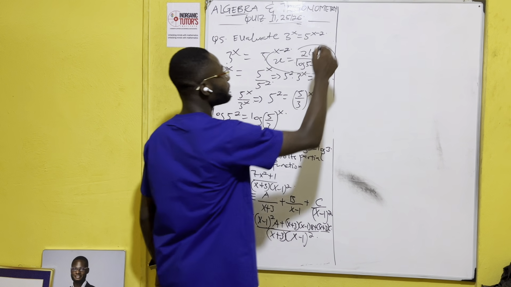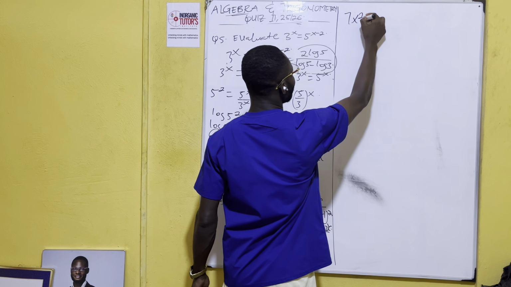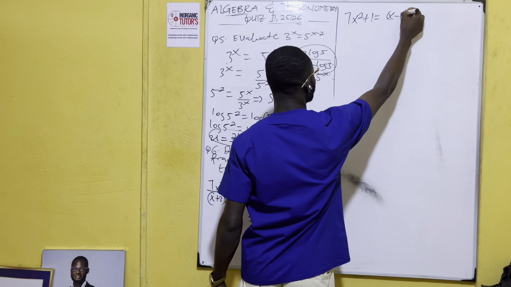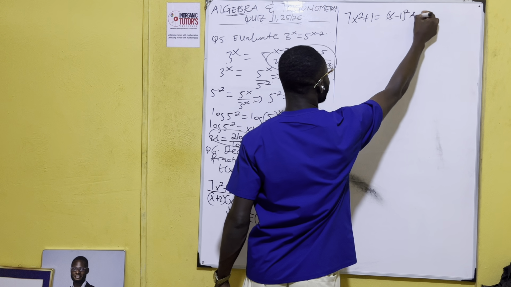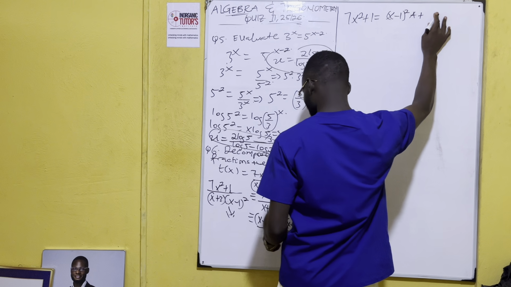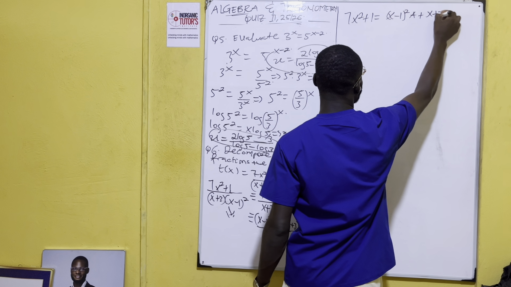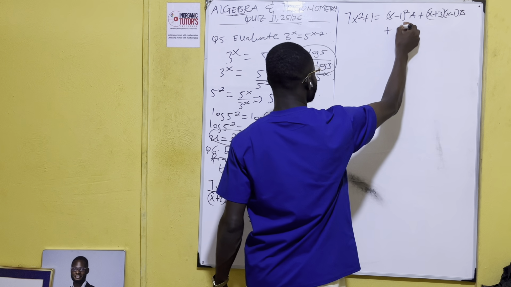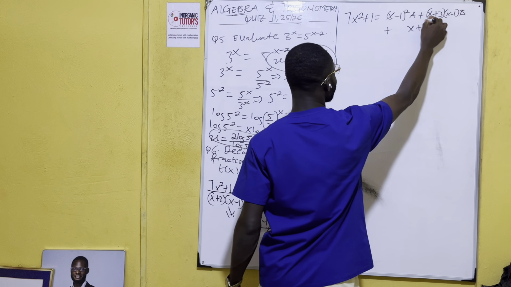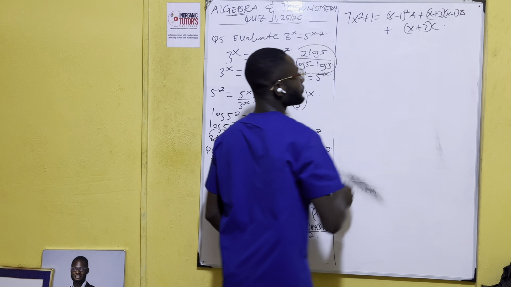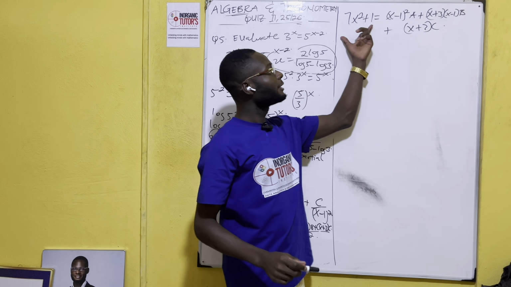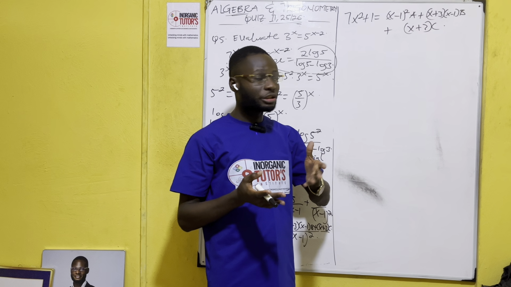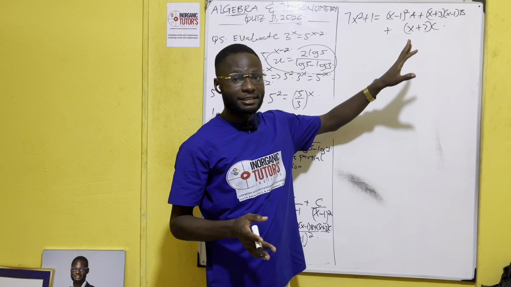So we're going to have 7x² + 1 is equal to (x − 1)² a plus, or let's write the expression, (x + 3)(x − 1) b plus (x + 3) c, right? So we are comparing this to that, right? Now, we can do this substitution for us to get a, b, and c easily, right?